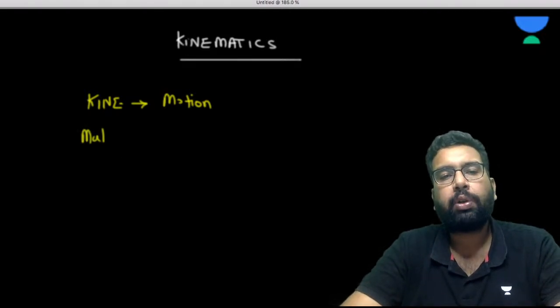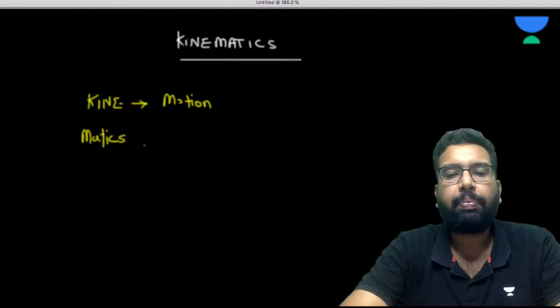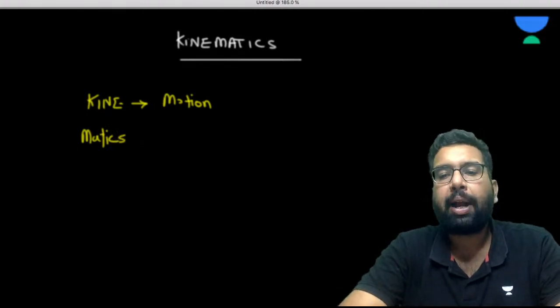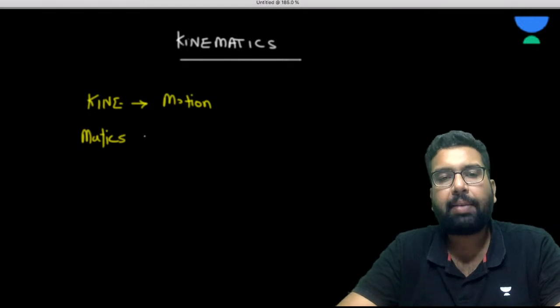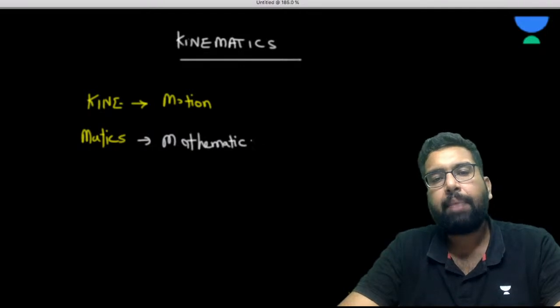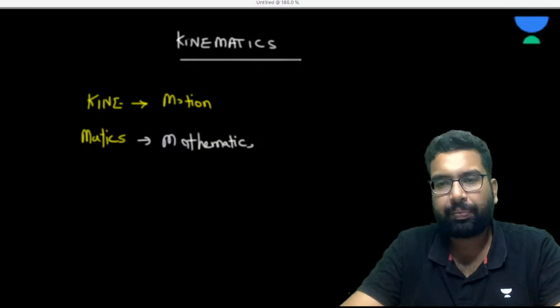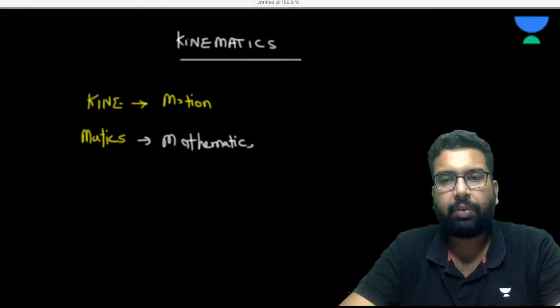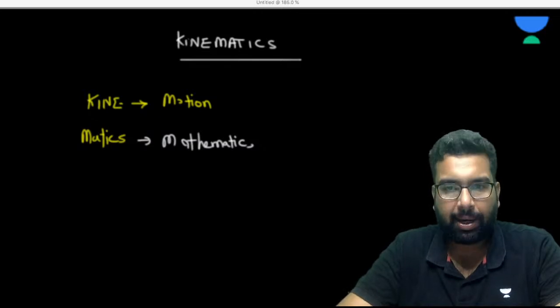Matics means mathematics. So what do we mean by kinematics? It is the mathematics of motion, right? When we talk about the mathematics of motion, that is what we call kinematics.